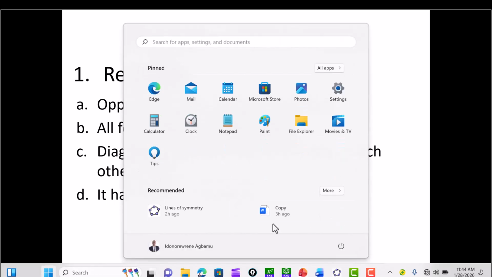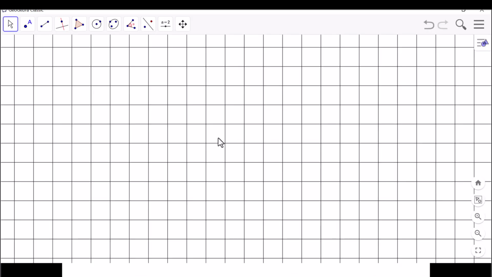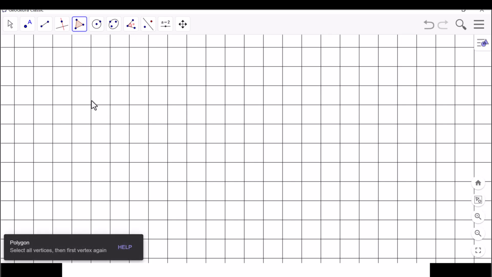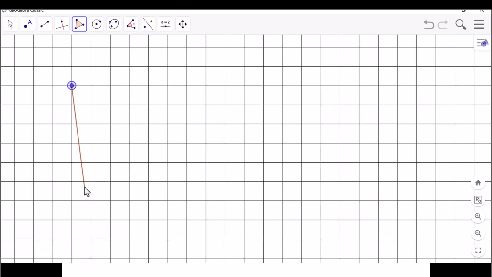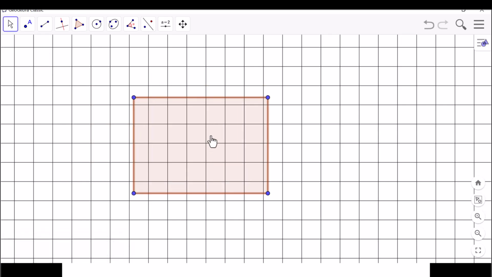So let me demonstrate this with our GeoGebra Classic software so that you know what we mean by that. If you get your polygon, you have something like this. So this is your polygon. All right, now I've drawn my rectangle. What this simply means is these two sides, this side and this side, are parallel.